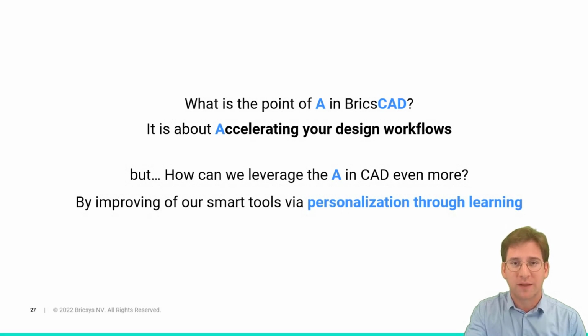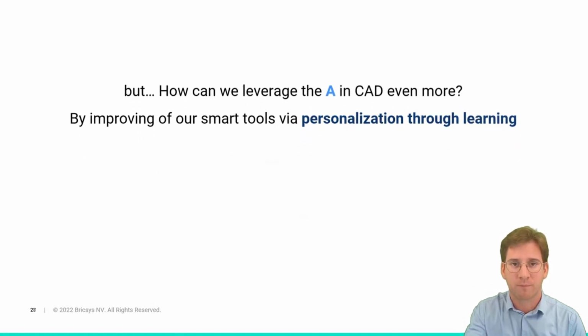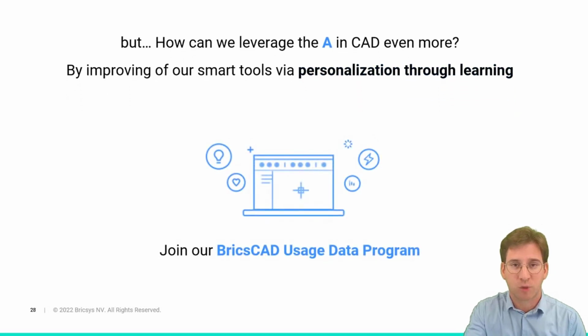We believe that some generic tools and functions will, in the end, reach their limits. To further improve the accuracy of our smart tools in the context of your design workflows, we believe they need personalization through machine learning.